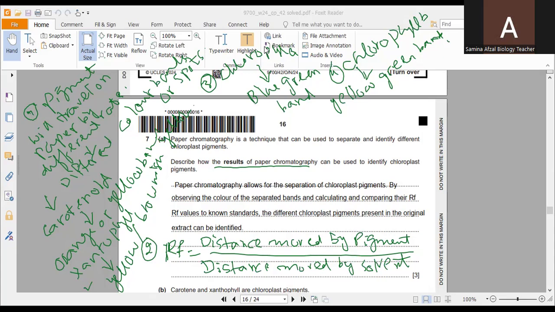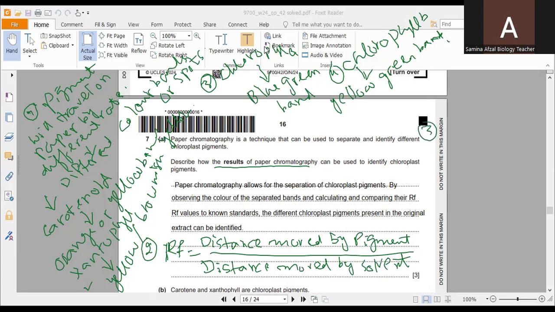Thirdly, if we want to identify the pigments, the RF values obtained from the chromatography of the chloroplast extract are compared with the RF values of known standard pigments run under the same conditions.